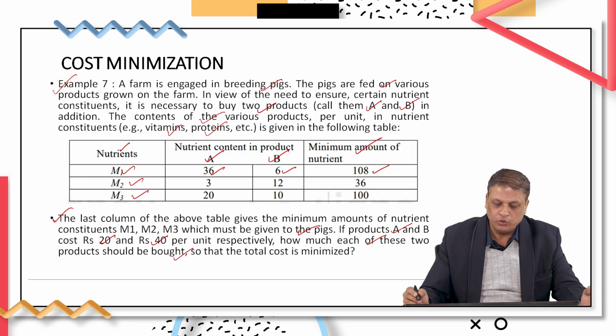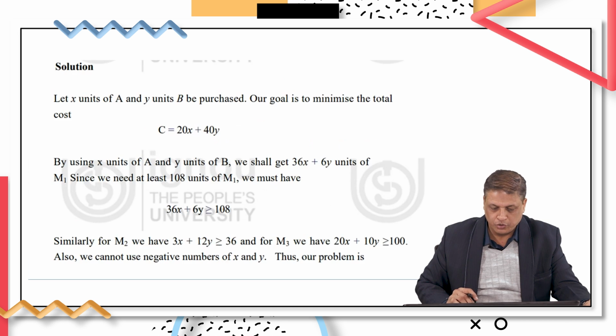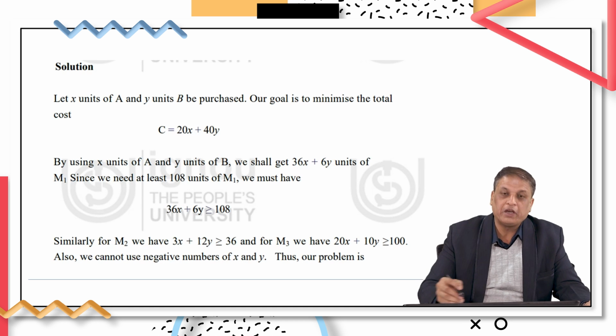Similarly, meal M2 carries 3 units of nutrient in product A and 12 units in product B, and for meal M3 the product A carries 20 units of nutrient and product B carries 10 units. So, we need to minimize the cost.